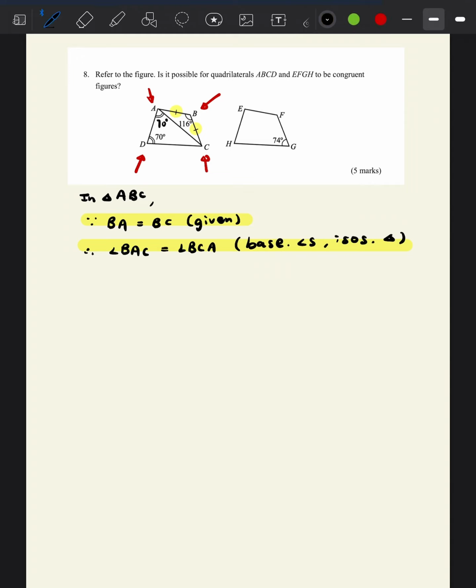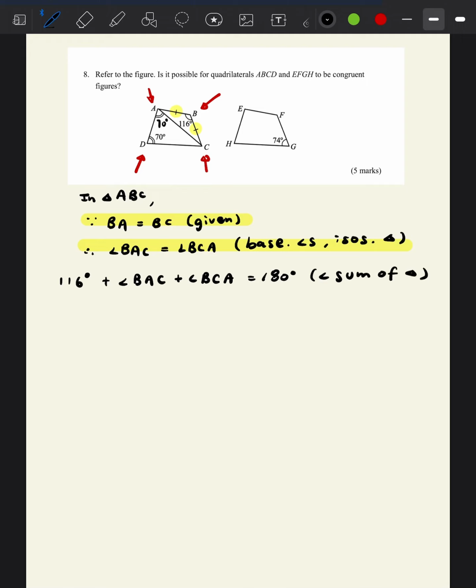So after we have this, we have these 2 here are the same, but we don't know the size of those. With angle B being 116 degrees, you can use your angle sum of triangle to find those 2 base angles. So 116 plus angle BAC plus angle BAC equals 180.